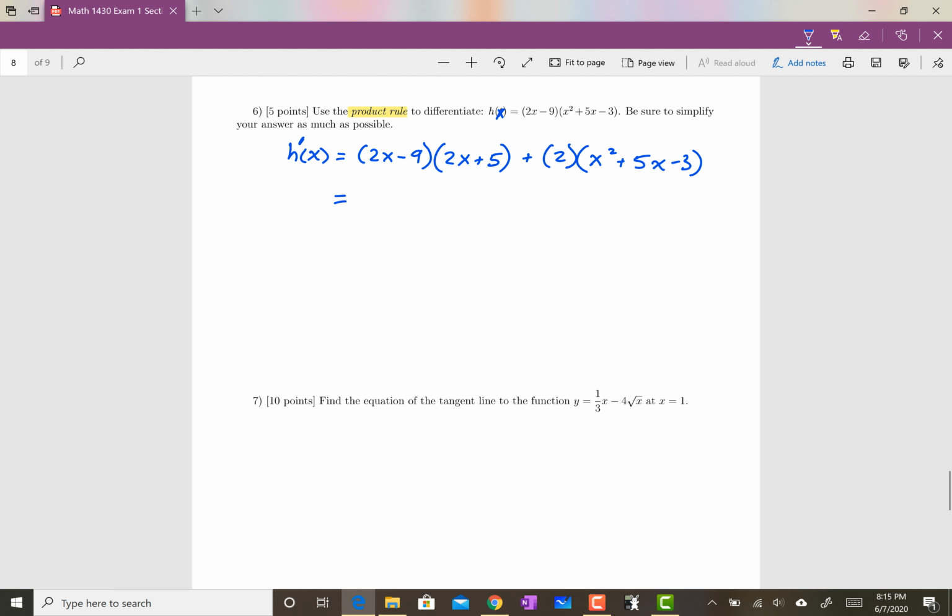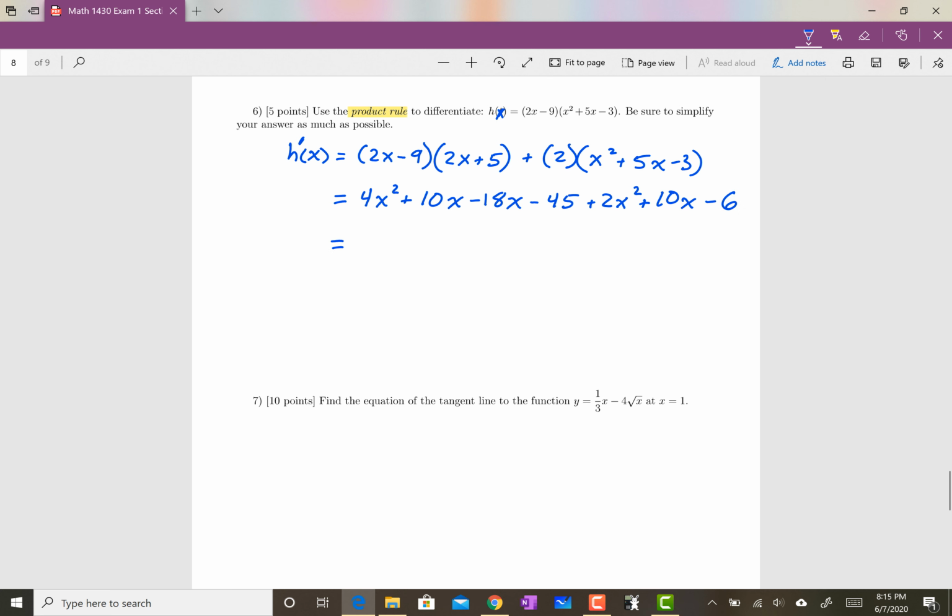So we have 2x times 2x, which is 4x squared, 2x times 5, which is plus 10x, negative 9 times 2x, which is minus 18x, and negative 9 times 5, which is minus 45. Then on the other side, we're multiplying the 2 out. So I have plus 2x squared plus 10x minus 6.